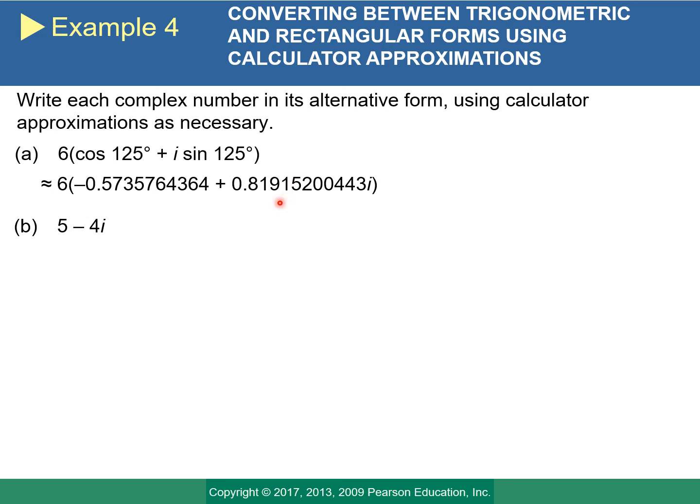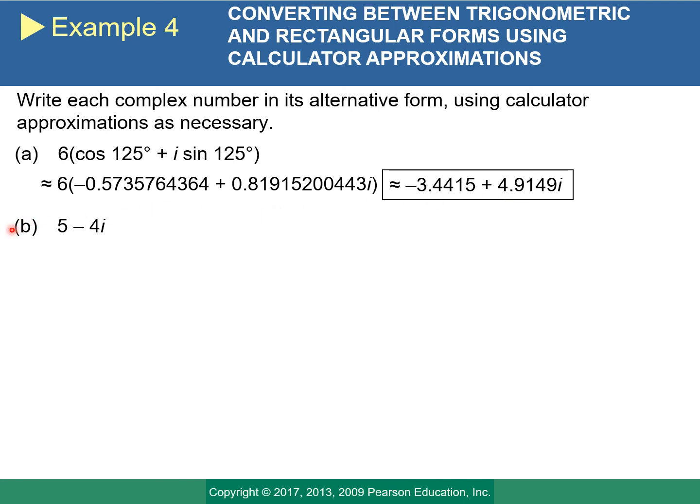Then in your calculator, you just multiply each of these values by 6. So you distribute this 6 and we end up with about negative 3.4 plus 4.9i. And that's the same number that we were starting with over here, 6 cosine 125 plus i sine 125. This is the same value in rectangular form.